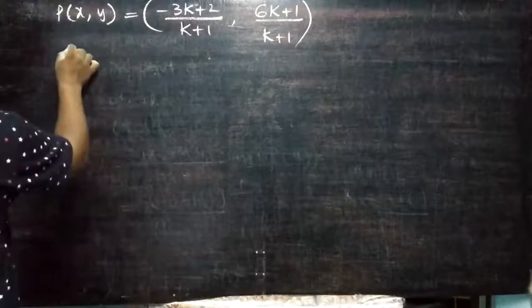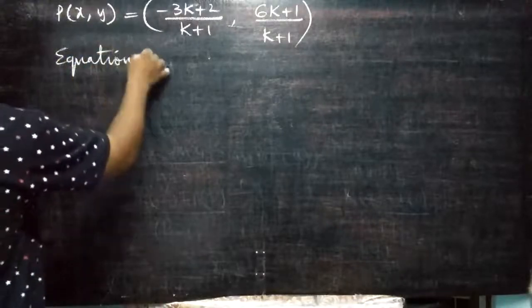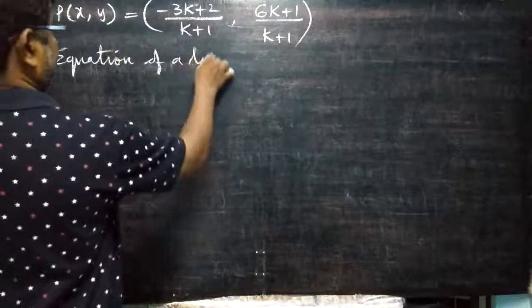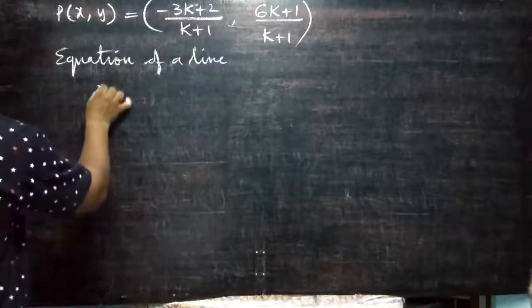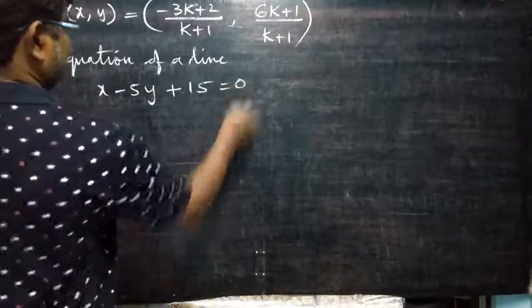They have given the equation of a line: x minus 5y plus 15 is equal to 0.